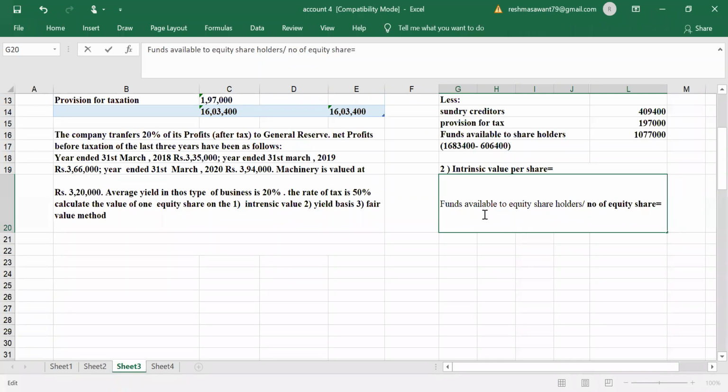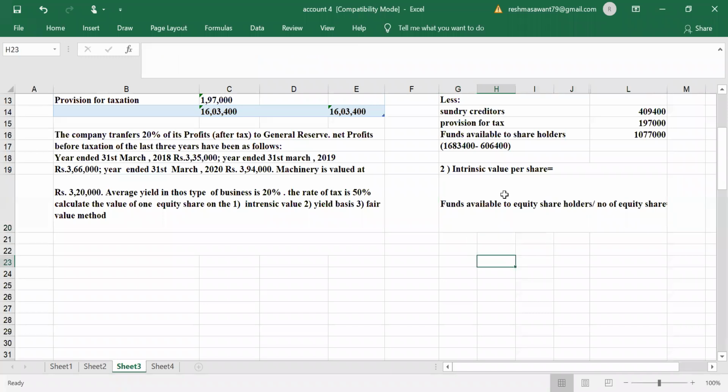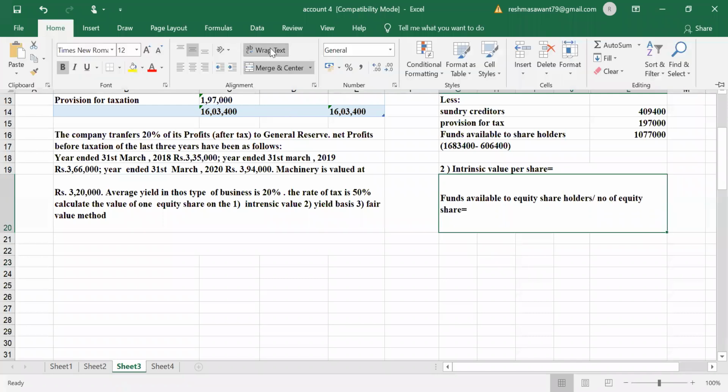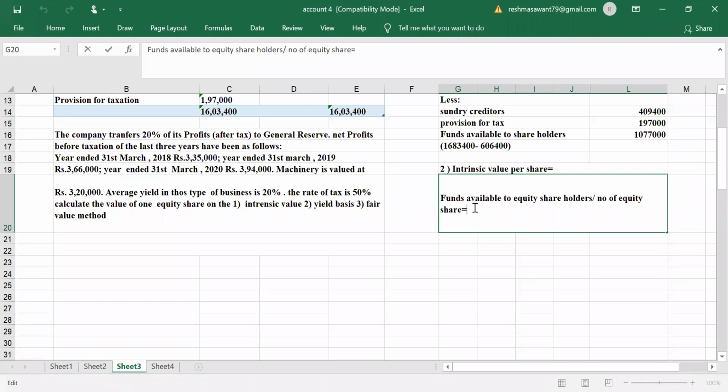So funds available to equity shareholders, that is rupees 10,77,000, divided by 5,000. 5,000 is the number of equity shares mentioned in your question.